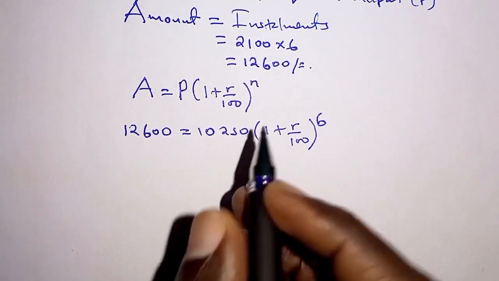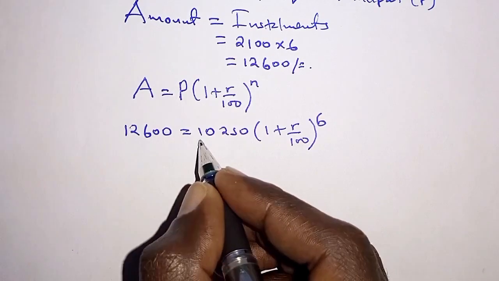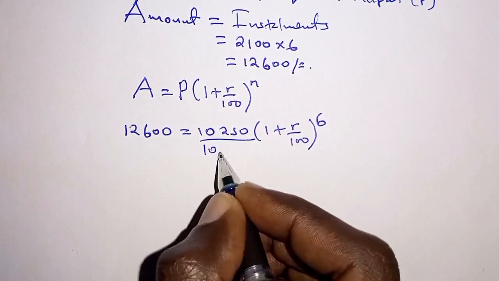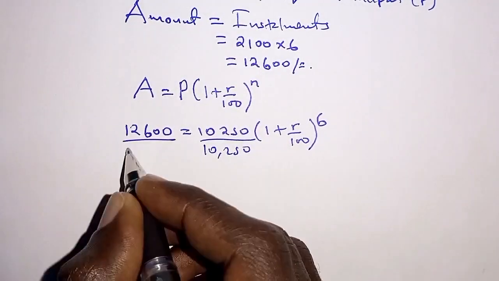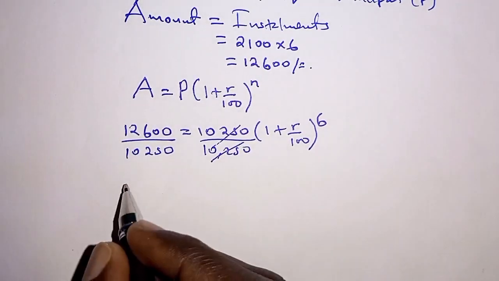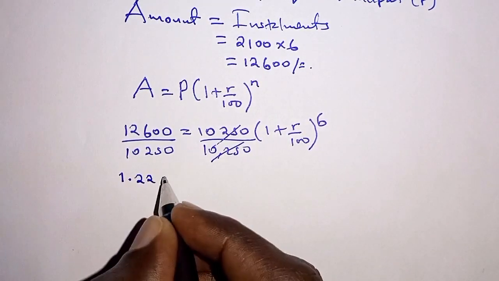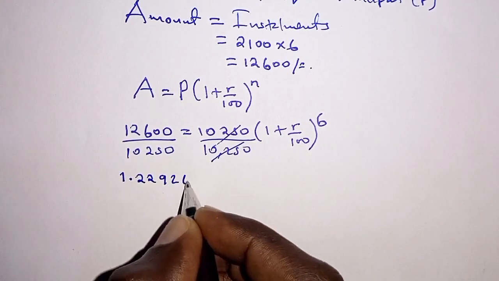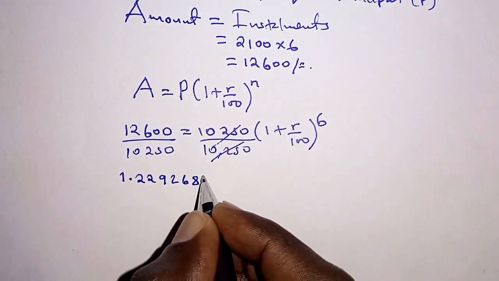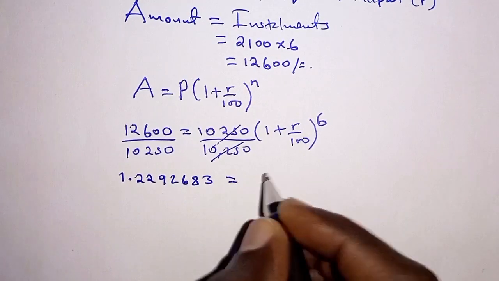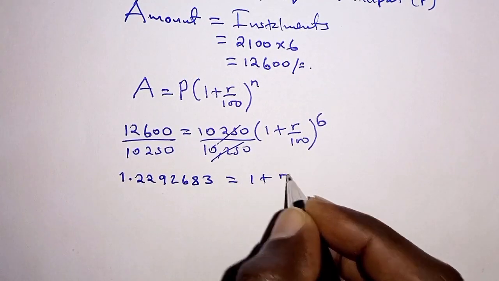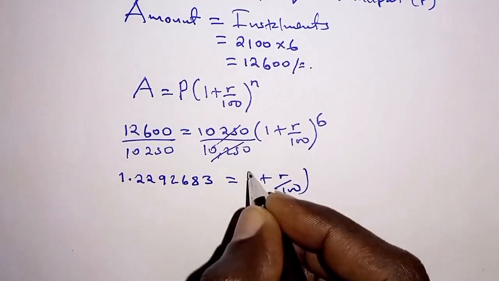Working this out, we'll first of all begin by dividing both sides by 10,250. The left hand side becomes 1.2292683, and then the right hand side we have 1 plus r over 100 raised to power 6.